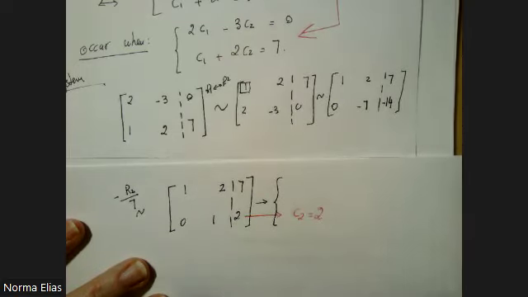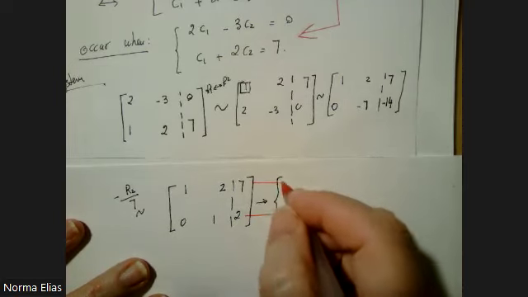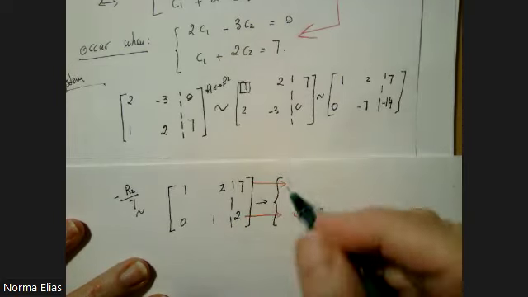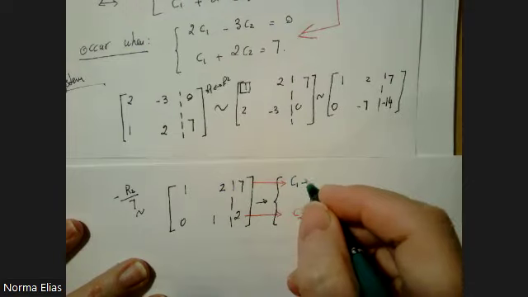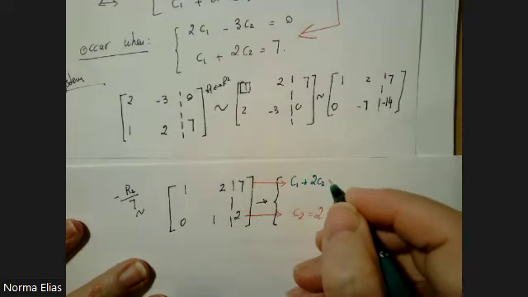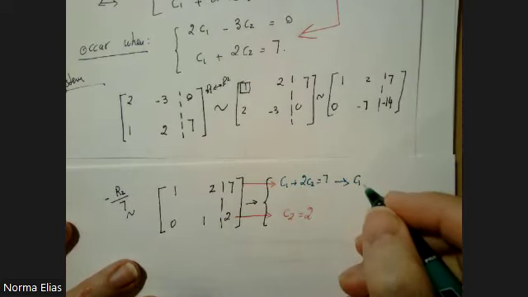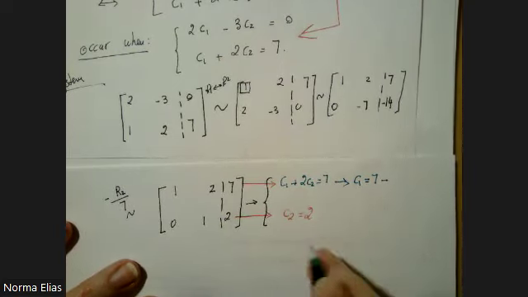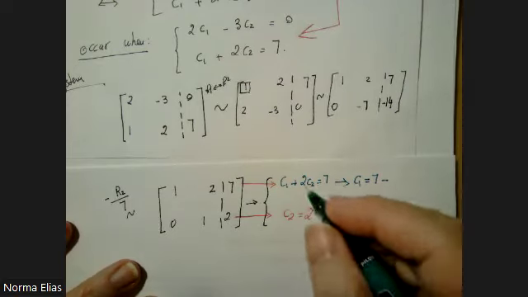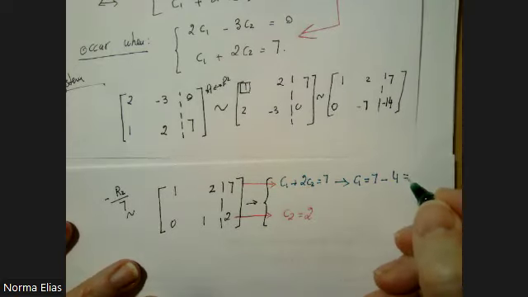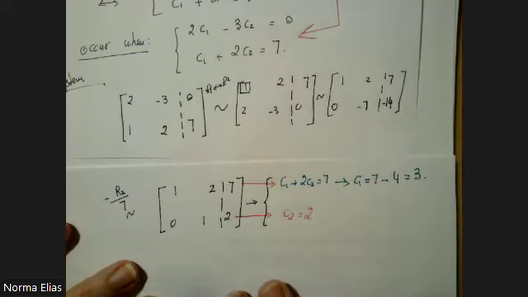The first equation reads C1 plus 2C2 equal to 7. Back substitution will give me C1 equal 7 minus 2C2. It means 7 minus 2 times 2, which is 4, is equal to 3.